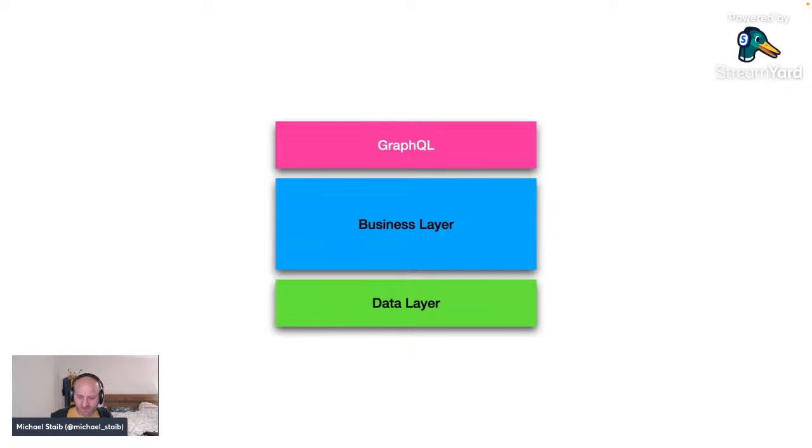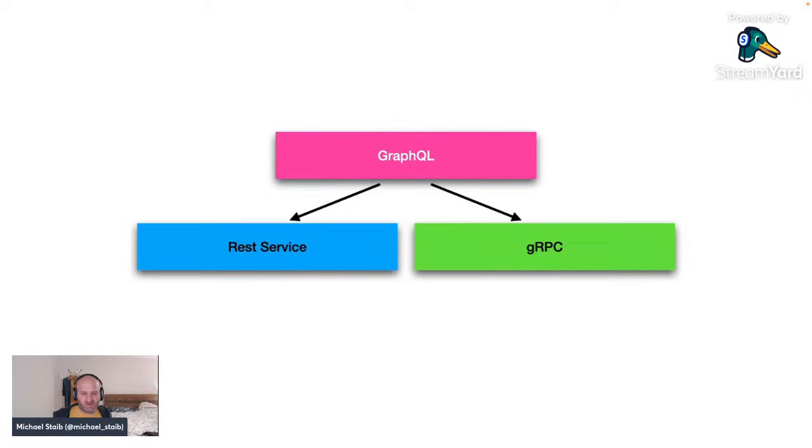But as GraphQL was open sourced, it also became very popular as a gateway technology, where you might have already a lot of microservices or REST services, gRPC services, OData services, what have you. And you would build this thin layer of GraphQL on top of that. Essentially, with GraphQL, you are now able to model your business layer and model how users should access your business layer.